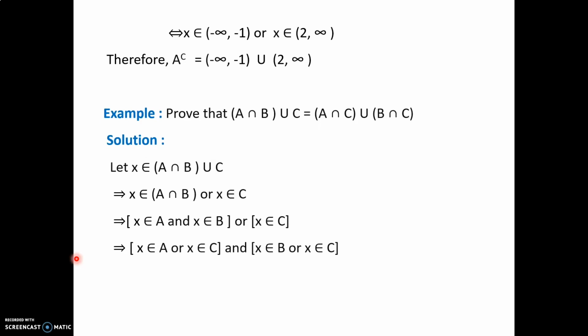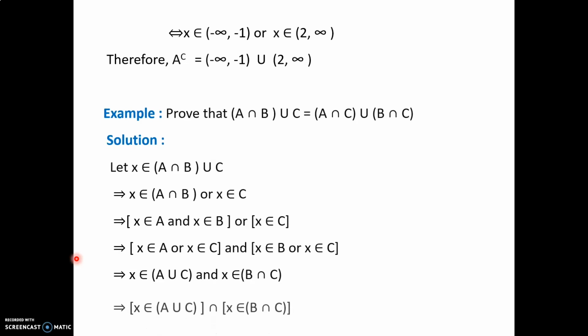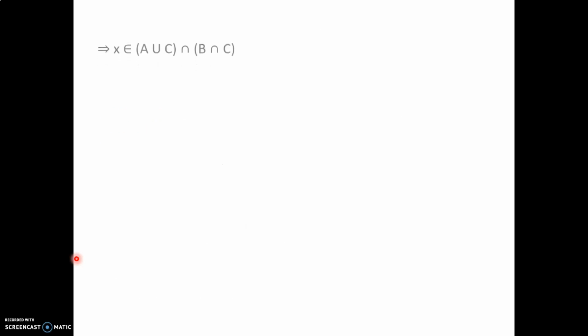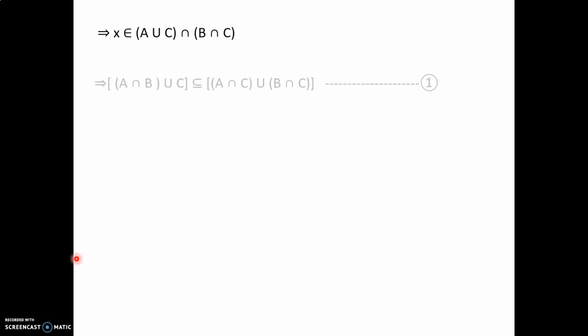Hence, we can say that x belongs to A or x belongs to C, and x belongs to B or x belongs to C. That is, we get x belongs to A union C and x belongs to B union C. And hence x is an element of (A union C) intersection (B union C).